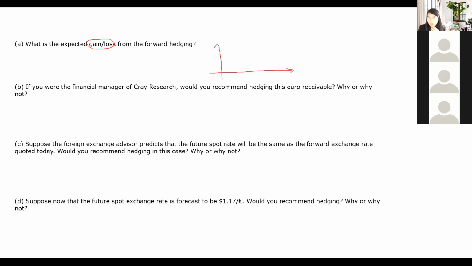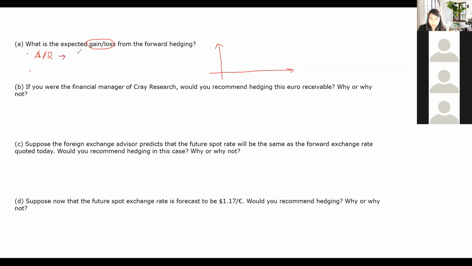So let's go step by step first. Now, if I want to hedge this account receivable, do I want to be short or do I want to be long in the forward contract? So if I am long in the underlying asset, in this case the euro, then I want to be short in my forward contract, okay?